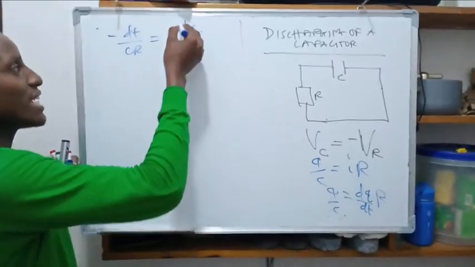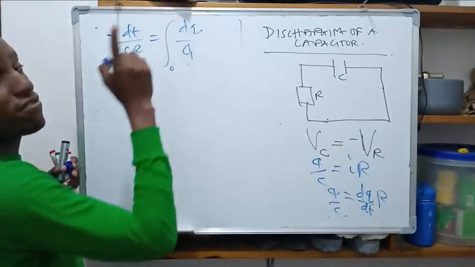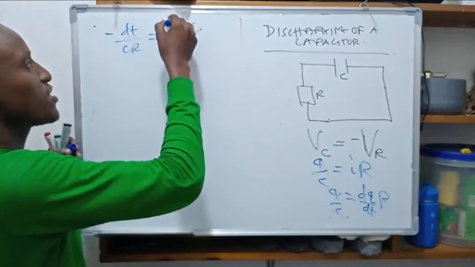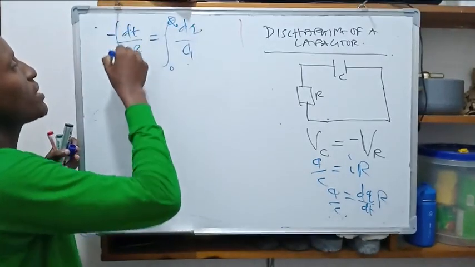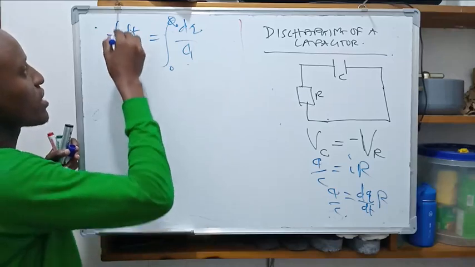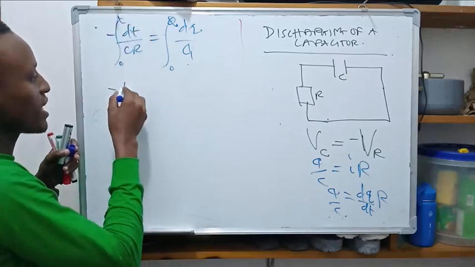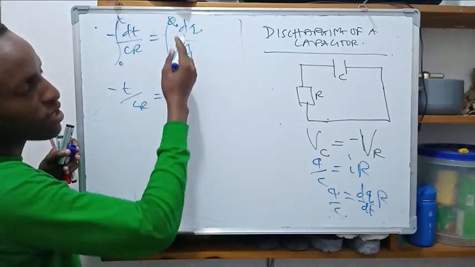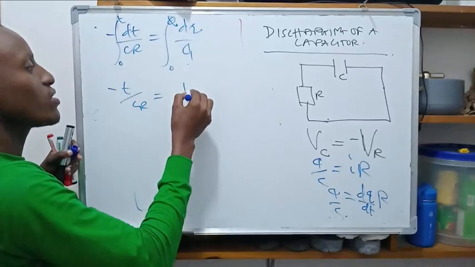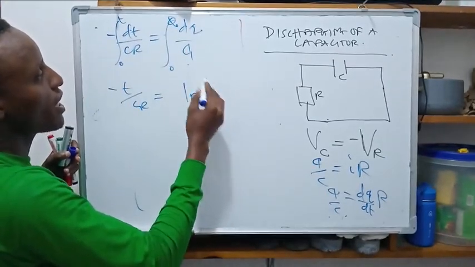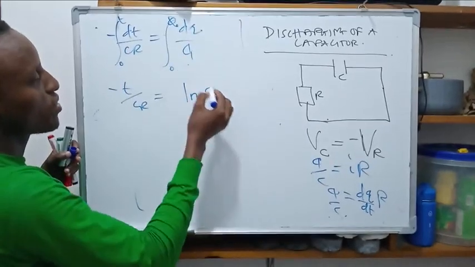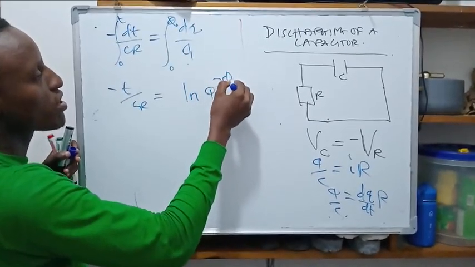So I integrate from q naught to the final charge q, and from 0 to time t. So it will be negative t over CR, equal to the natural log of q over q naught.